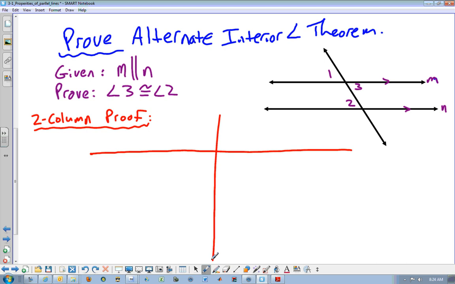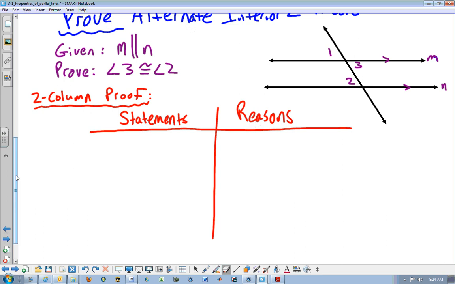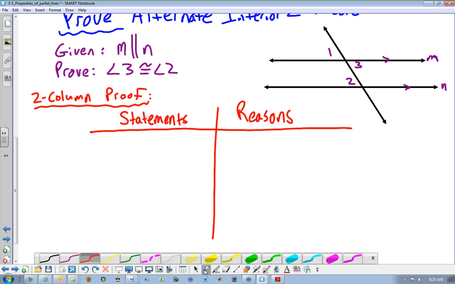On the left-hand side, we're going to have our statements. And over here, we're going to have reasons. You've got to have a reason for everything you say. Here's our 2 columns.